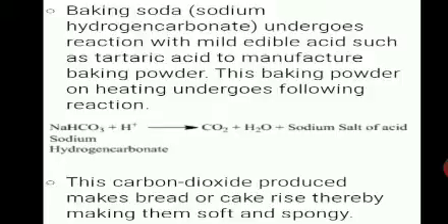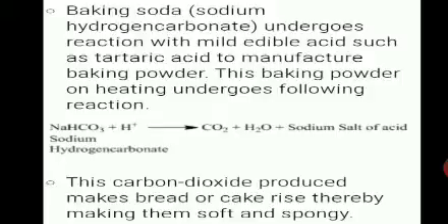Okay, so if baking powder is not added in the preparation of cake, what happens? Then the cake obtained will be hard and quite small in size. So that's why people add baking powder for making cakes, bread, even in our daily food.